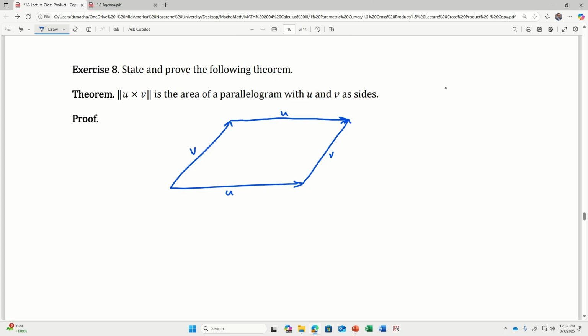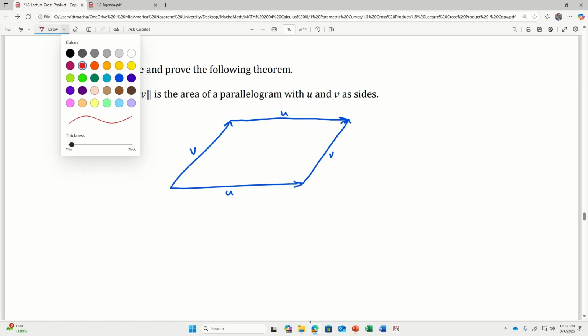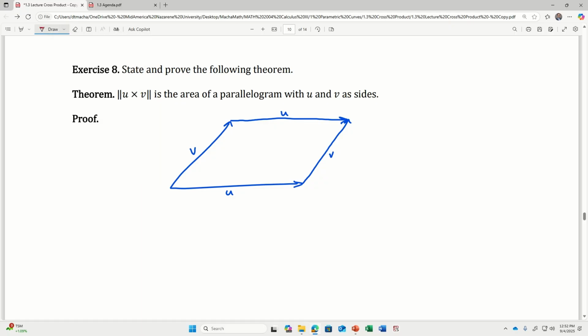And now I want to find the area of this parallelogram. Do you know how to find the area of a parallelogram? Here's what we're going to do. I'm drawing what's sometimes called an altitude.